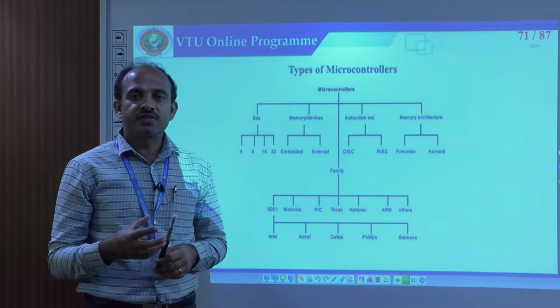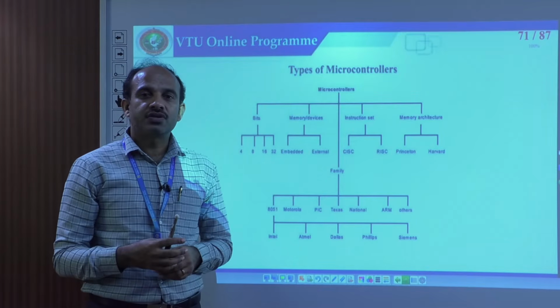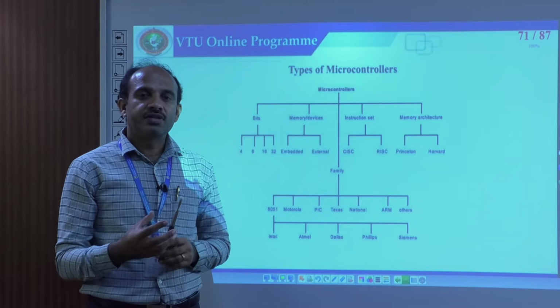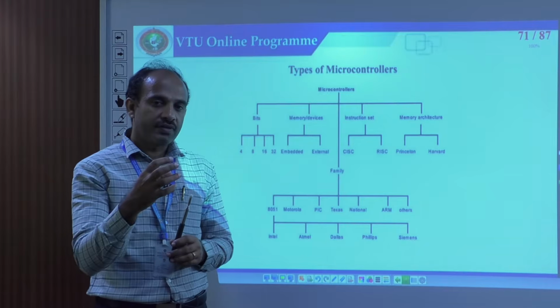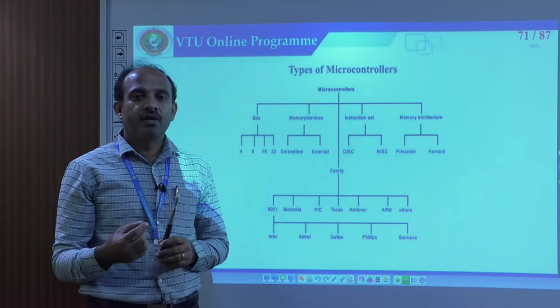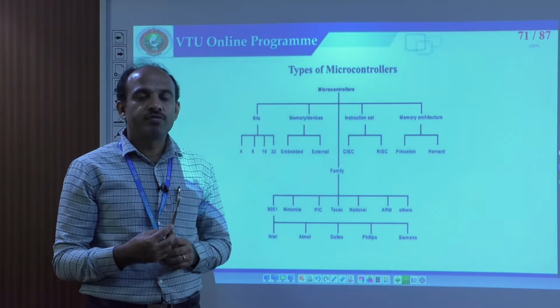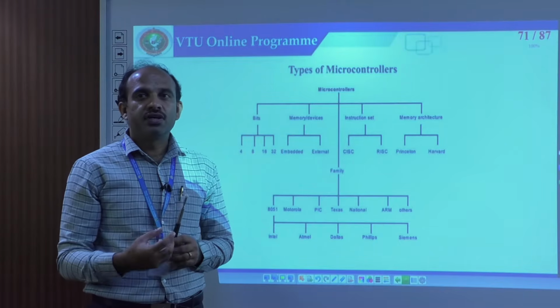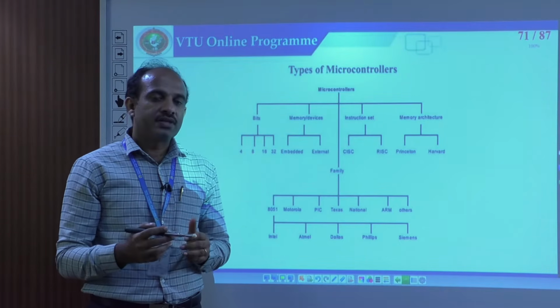CISC is basically a complex instruction set. Here, just to summarize quickly, there are many cycles, and that makes the code shorter. Obviously when the code has fewer lines, the compiler has little work.